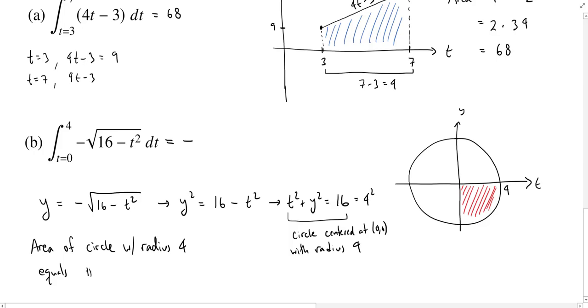So this will be pi times 4 squared, so that's 16 pi. The entire circle would have area 16 pi, but we just want 1/4 of it, this one little quadrant down here. So this will be 16 pi cut into a fourth, or negative 4 pi.